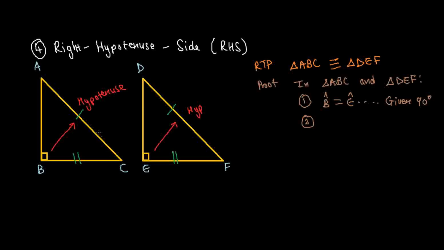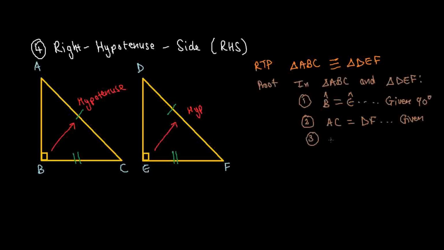The hypotenuse of triangle ABC, which is AC, is marked as the same length as the hypotenuse in triangle DEF, which is DF. So we can say that the hypotenuse AC is equal to the hypotenuse DF, and we can say that it is given. It's marked on the diagram.